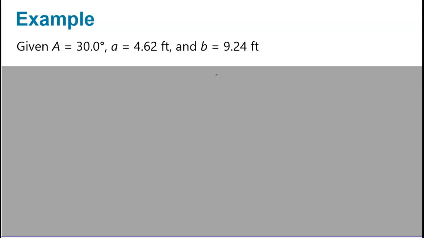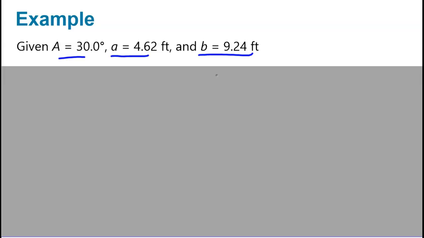We do need to know how to solve the case 2 problem, so we're going to go through and break this down using the flowchart like we have been. We are given a problem, and it does have two sides and an angle, so that is going to be a case 2 problem.